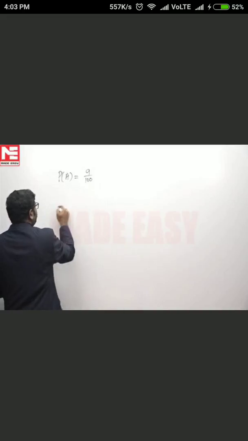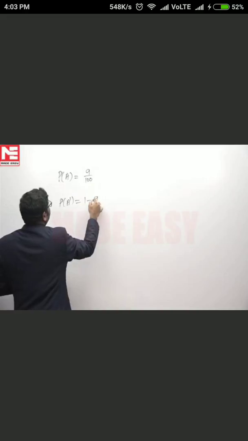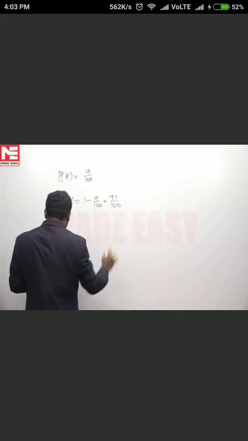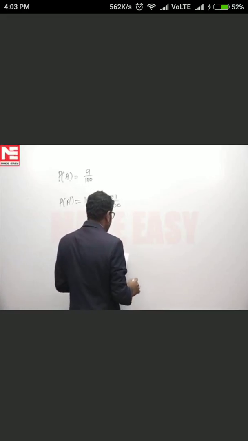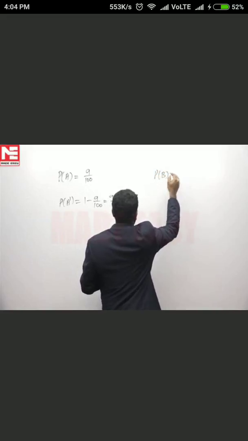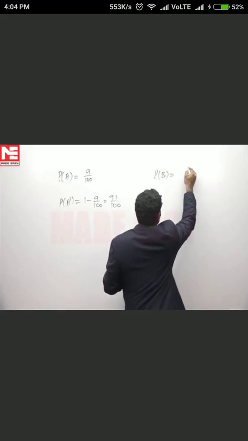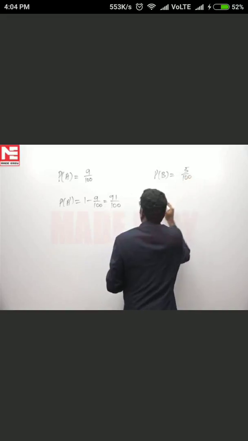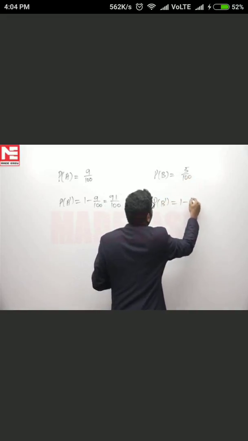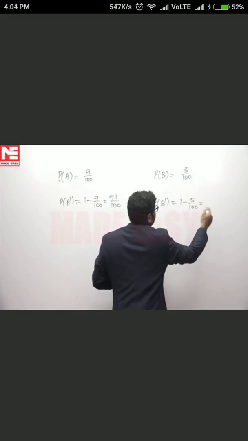Now, non-defective is 1 minus 9 by 100, that is 91 by 100. Similarly, in the case of part B, 5 out of 100 are likely to be defective. So probability of B defective is 5 out of 100. So non-defective is 1 minus 5 by 100, that is 95 by 100.